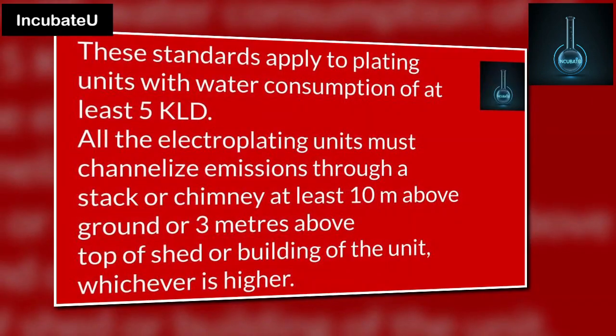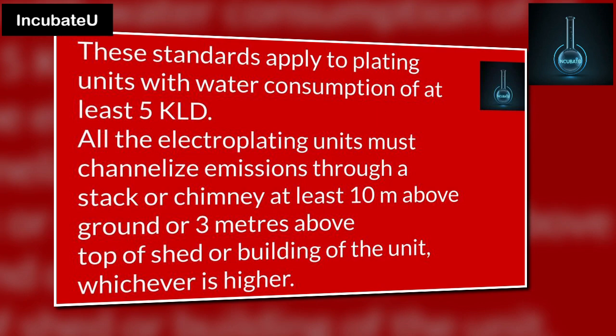Most importantly, and this is very important, these standards apply to electroplating units only with water consumption of at least 5 kiloliters per day. So if your water consumption is less than 5 kiloliters per day, 5 KLD, in that case the requirement does not apply.